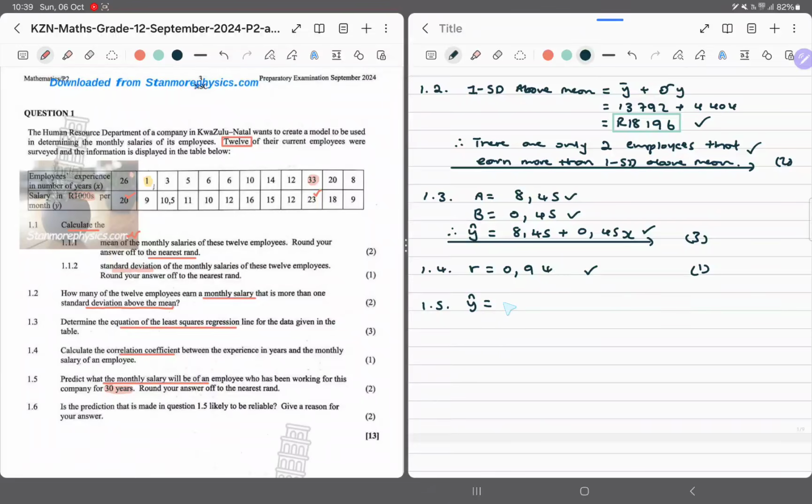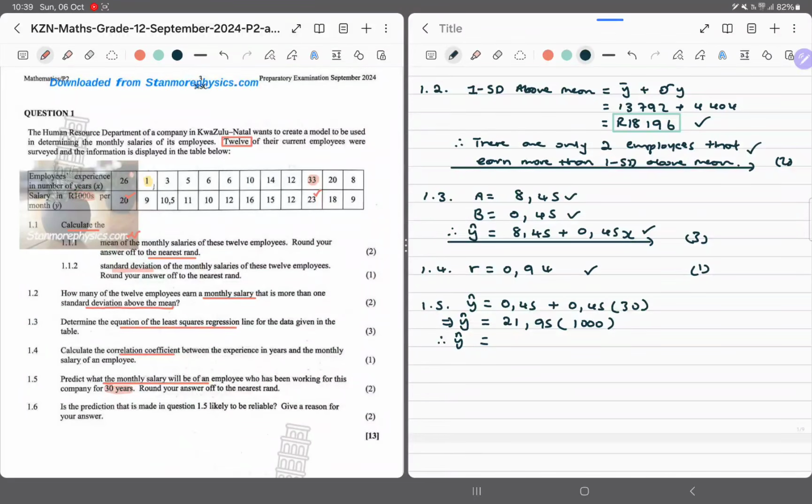So we just write what we know. And then here we're going to have essentially 30. Okay, and don't forget that we will still have to multiply by 1,000 whatever we get. So 0,45 times 30 plus 8,45 gives us 21,95 times 1,000.